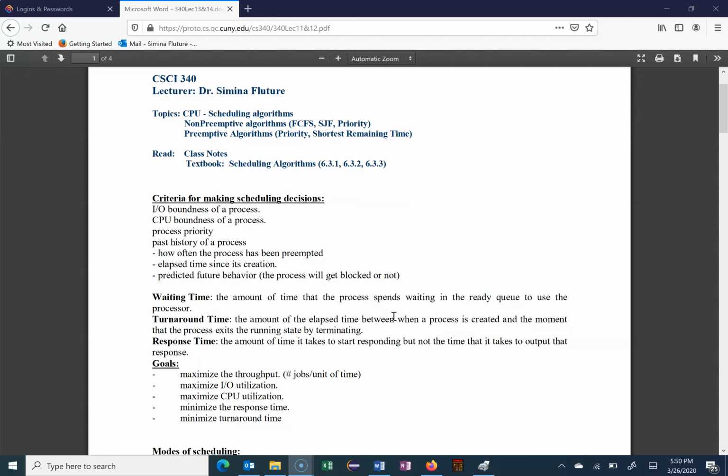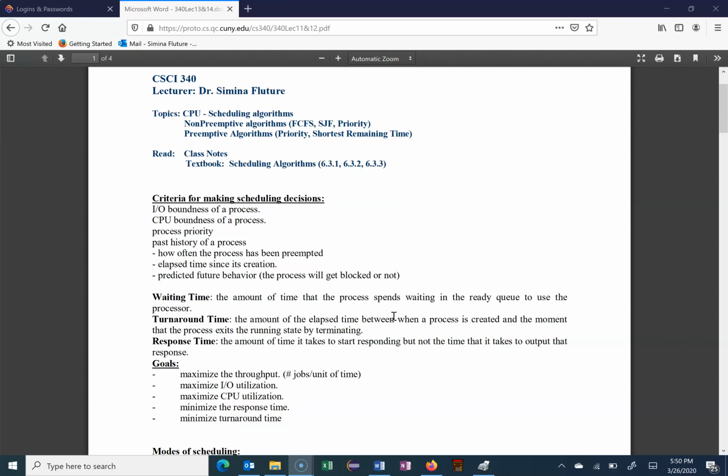Another criteria to pick a specific scheduling algorithm is based on different time parameters. The waiting time, which is the amount of time that the process spends waiting in the ready queue to use the CPU, the turnaround time, or the response time.